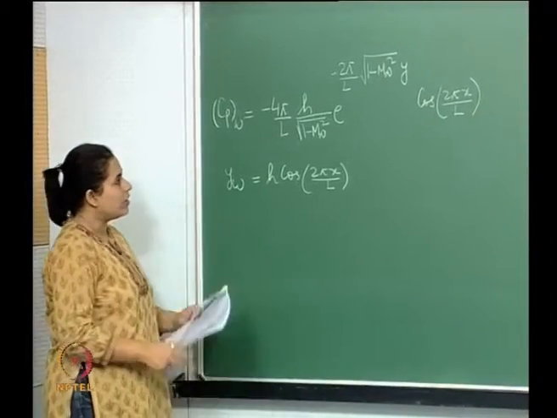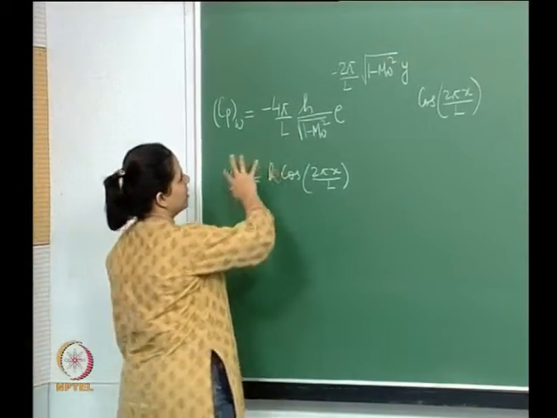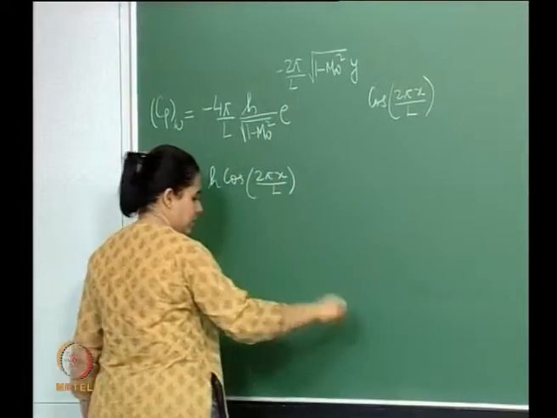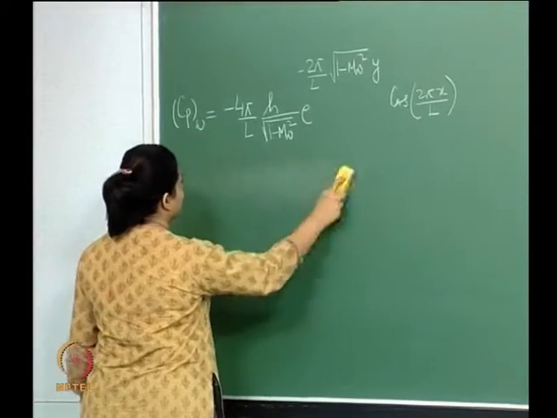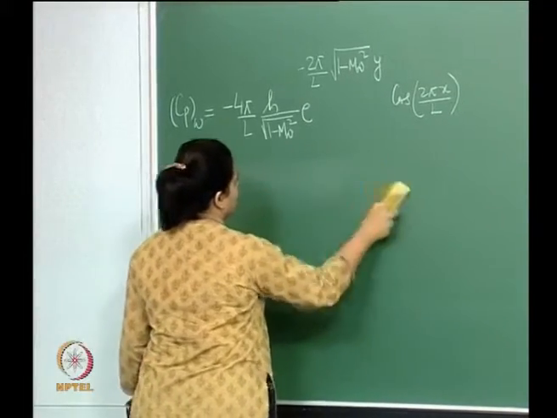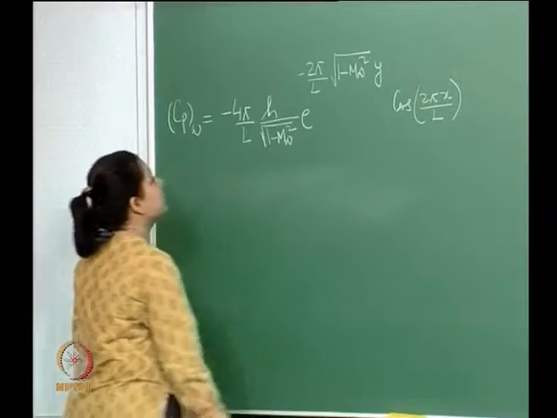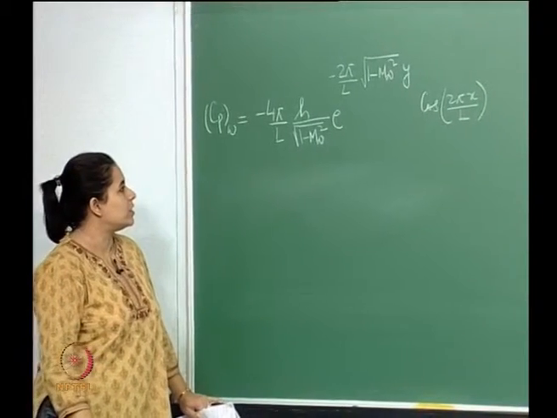Okay, so now let us just look at this a little more closely and see what exactly this means, or if any other information we can draw from this equation out here.